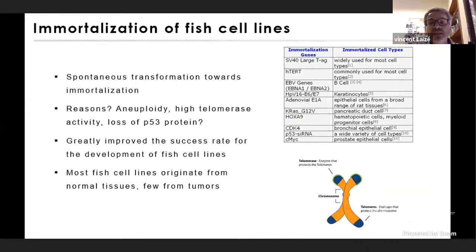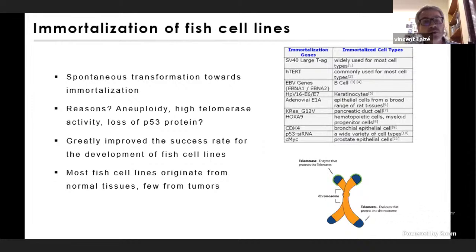Cellular senescence is associated with a reduction in the size of the telomeres, which are at the end of each chromosome. And the telomerase will protect these telomeres and prevent them from shortening. So high telomerase activity could be the explanation why fish cells spontaneously transform towards immortalization.